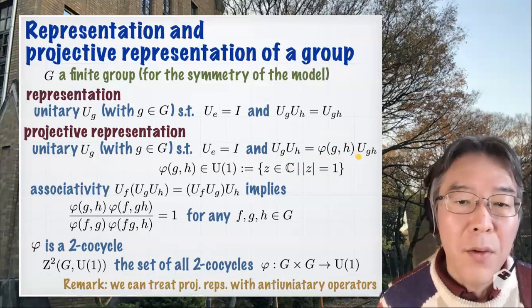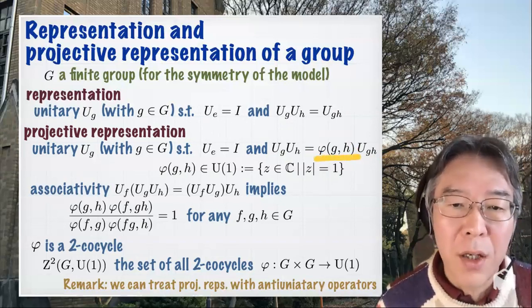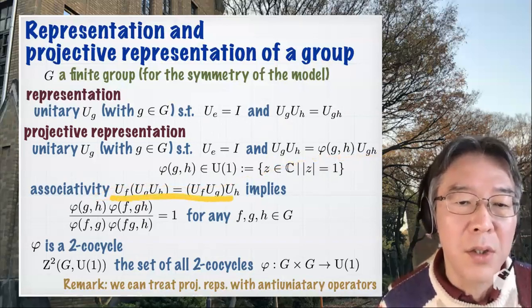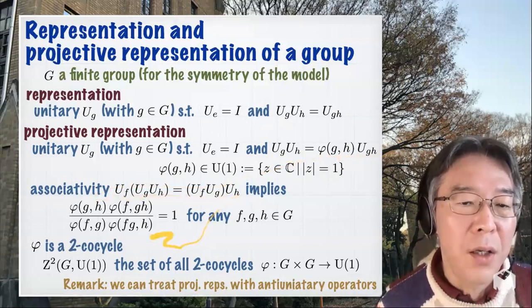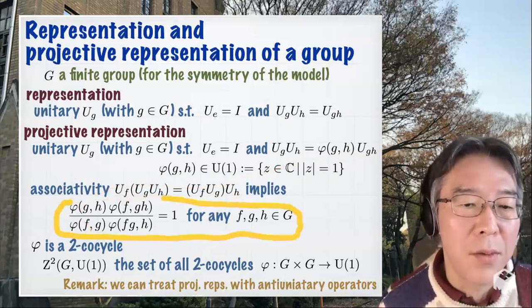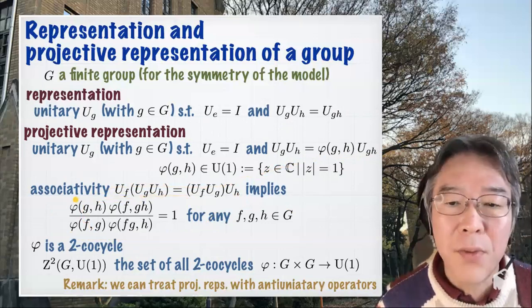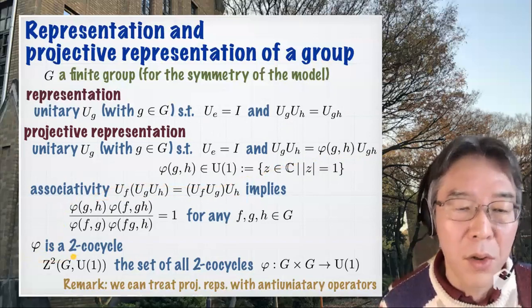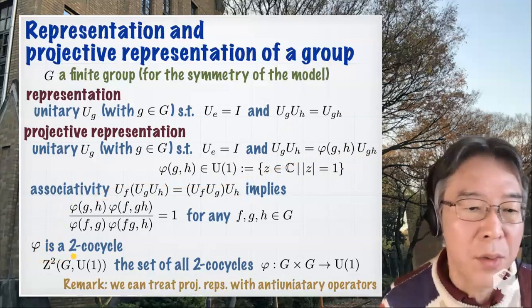Phi is basically arbitrary, but since the unitary operators must satisfy associativity, phi must also satisfy this non-trivial relation here. And phi satisfying this relation is, for some mathematical reason, called a 2-cocycle. You don't have to worry about the terminology.